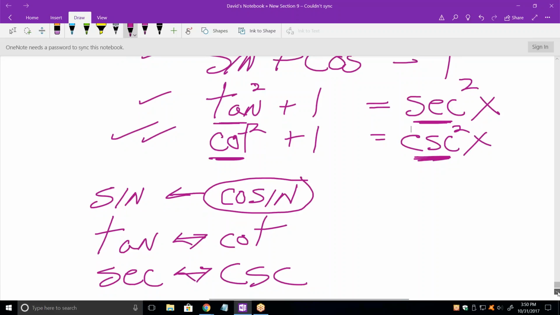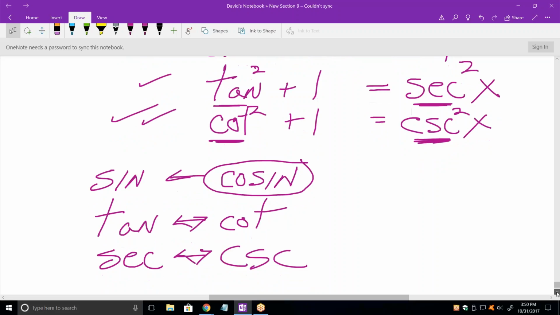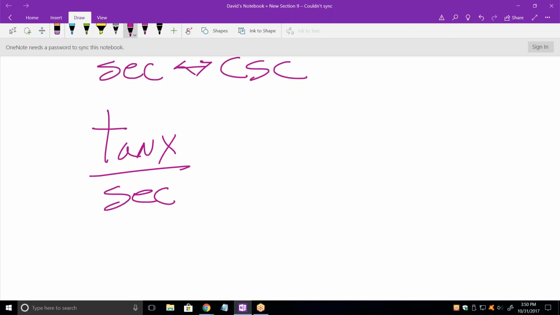The simple. Tangent x over secant x. Now let me get a little writing room here. Tangent x over secant x. Okay? And that's, well, it's f of x equals tangent x. Yeah, that's fine.